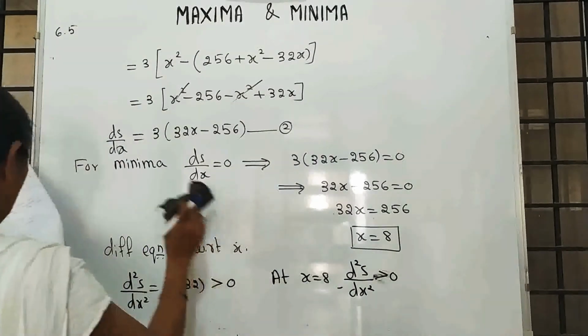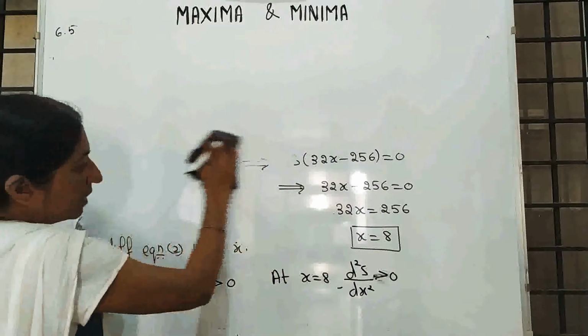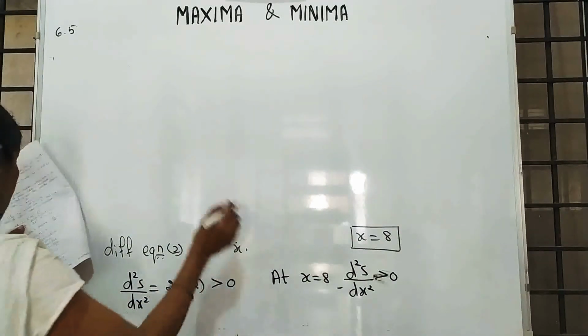The sum of whose cubes is minimum when one number is 8, and the other number is also 8, because their sum is 16.